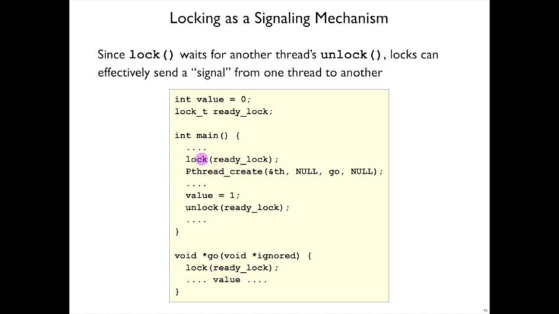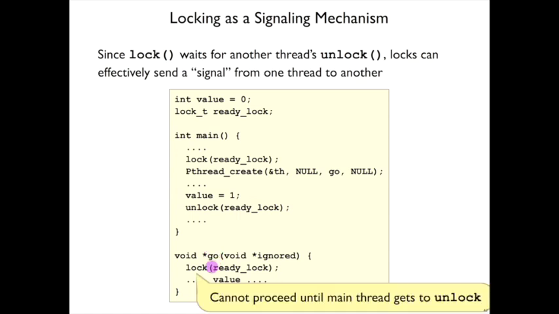But with this lock here, it's acting as a gate to keep the Go thread from going, because the main thread takes the lock before it creates a thread, and it doesn't release it until after value has been set. And so the Go thread will have to wait here until value is ready to be used. In other words, it's a kind of signal from the main thread to the created thread that it's okay to proceed at this point.